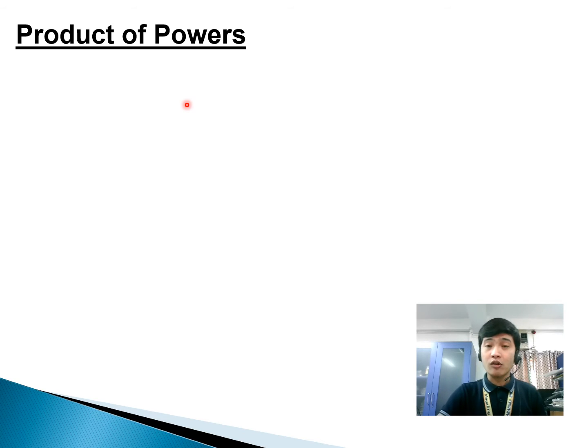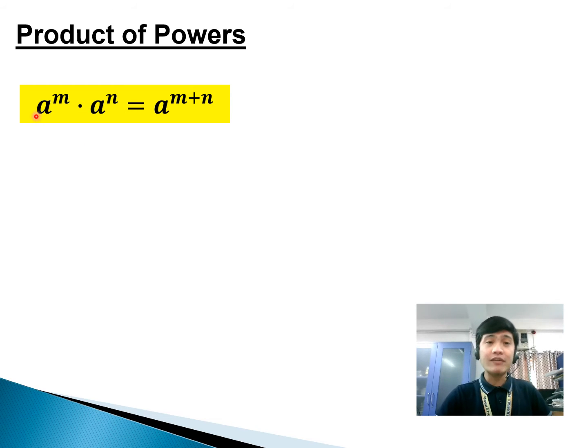Okay, so let's start with our first rule, that is the product of powers. In some books, they call this one the product rule of exponents. So there is a formula or rule to follow once we are dealing with a product of powers. So ito po yun. We have here a raised to m times a raised to n, that is equal to a raised to m plus n.